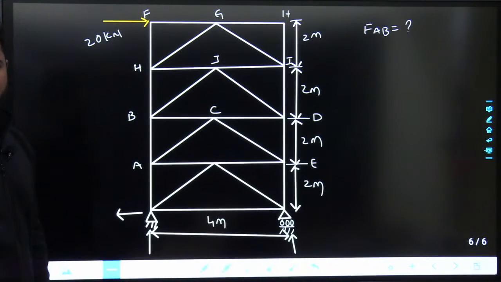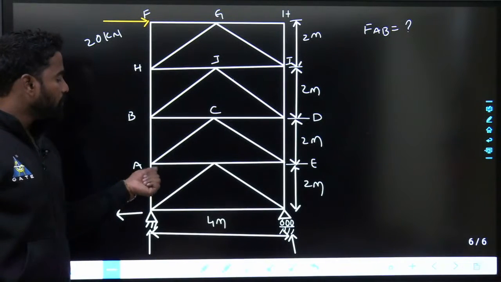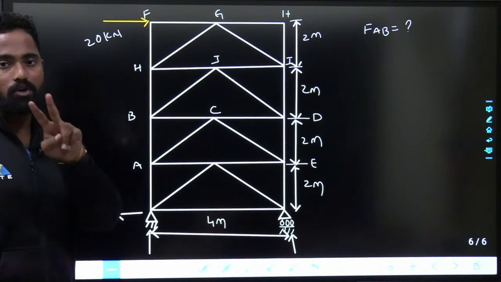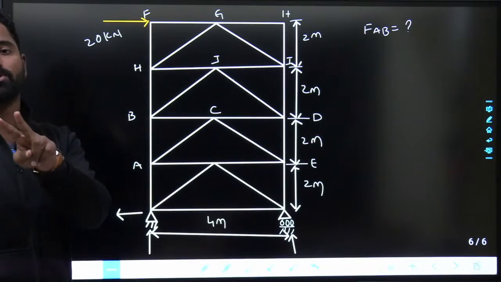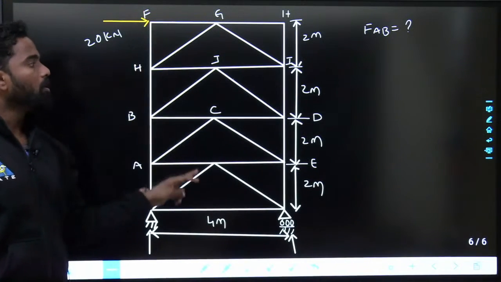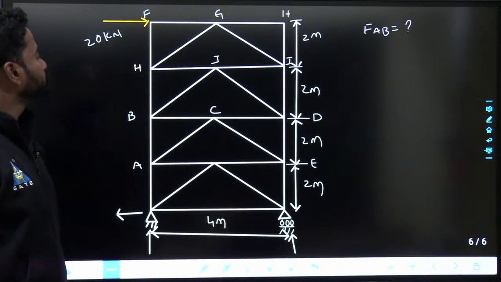That is quite difficult, because at this joint 4 members are meeting. At each and every joint there will be 2 equations only, so it will be difficult. If you go by method of joints from the top or from the bottom also, it is quite difficult.